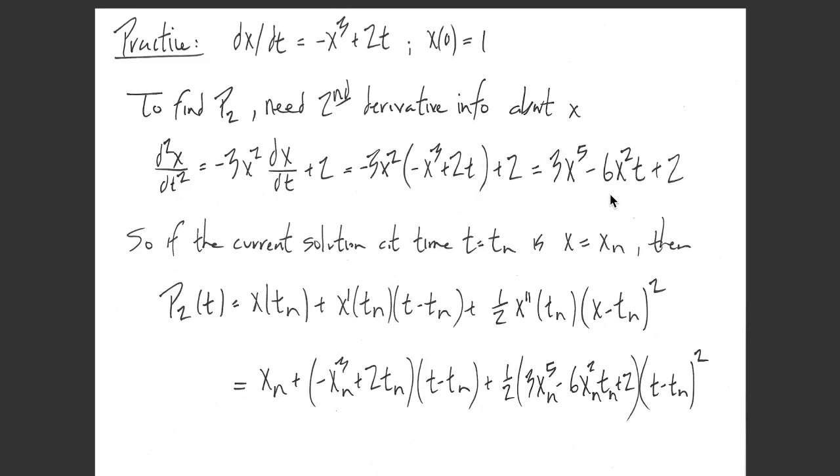Well, we just computed the second derivative here. And so again, when we're at step tn and xn, you plug those values into our second derivative, and we get this for x double prime of tn, and then times t minus tn, the quantity squared. So that's our Taylor polynomial that we're going to use at each step. And what we'll simply be doing at each step, we'll be using the current values of x sub n and t sub n here in that Taylor polynomial.